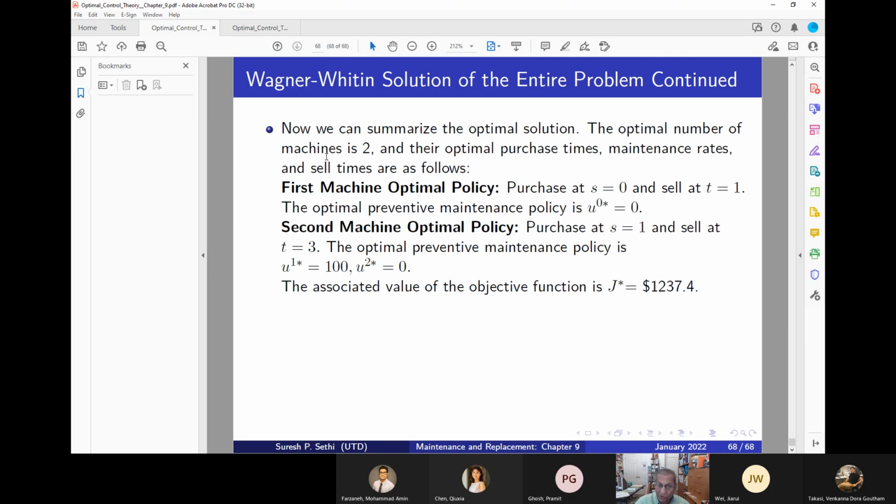The optimal number of machines is 2, and the optimal purchase times are as follows. First machine optimal policy: purchase at 0, sell at 1, and the optimal preventive maintenance is 0. The second machine is purchase at 1, sell at 3. The optimal preventive maintenance policy is 100 and 0, and the total value is 1237.4.